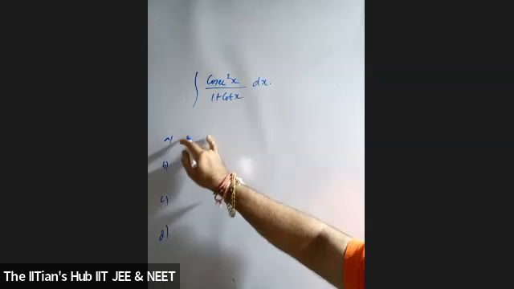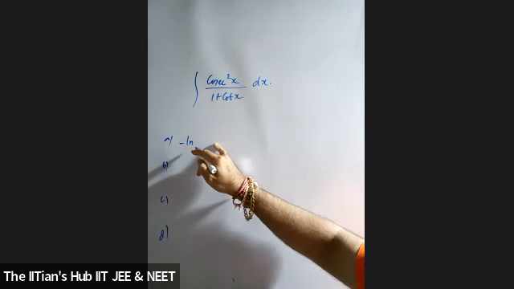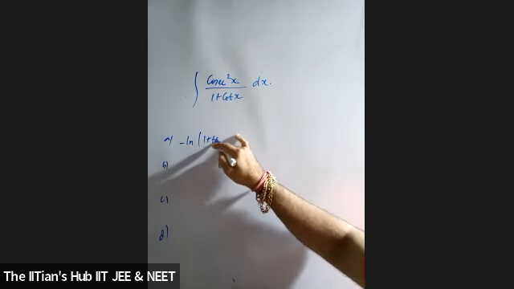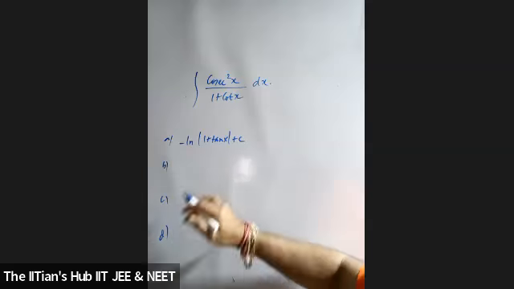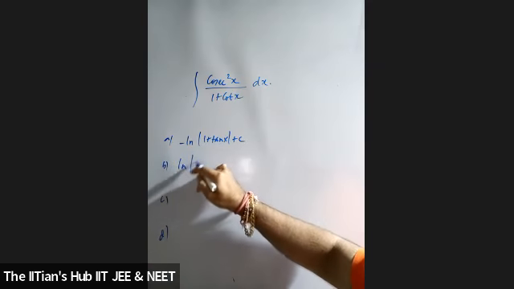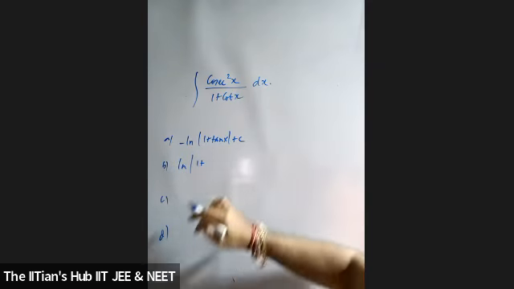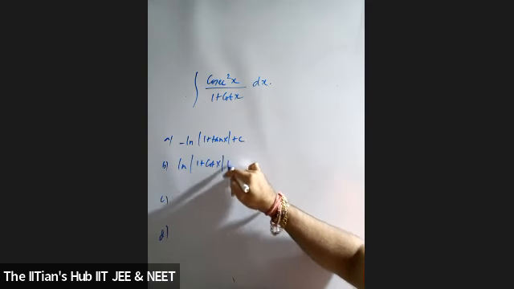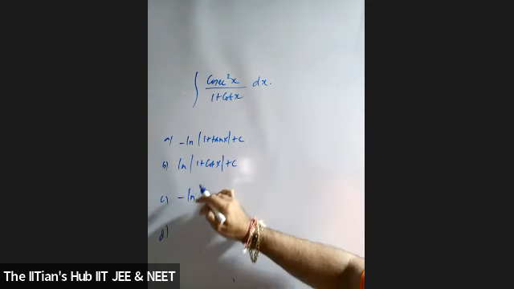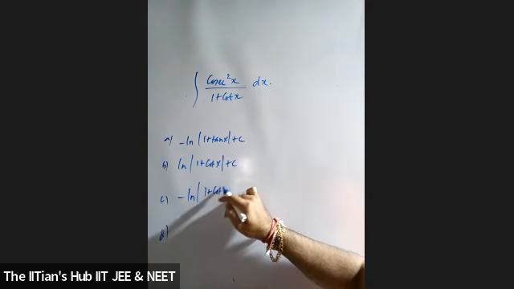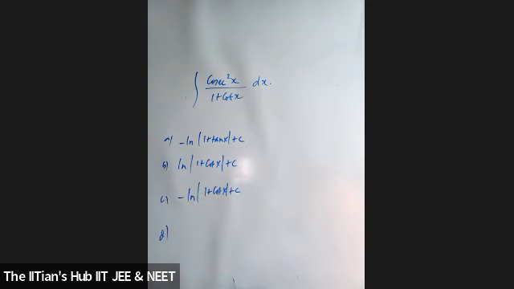Option A: minus ln 1 plus tan x plus c. Option B: ln 1 plus cot x plus c. Option C: minus ln 1 plus cot x plus c.